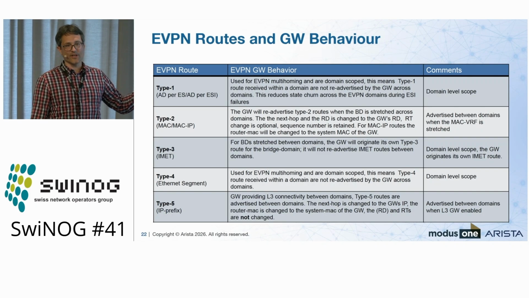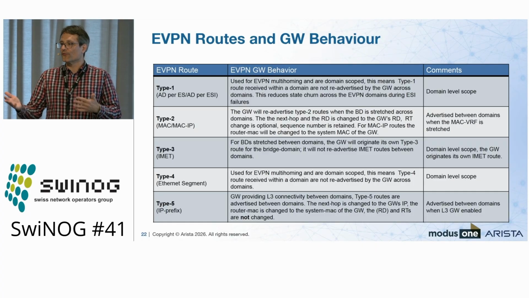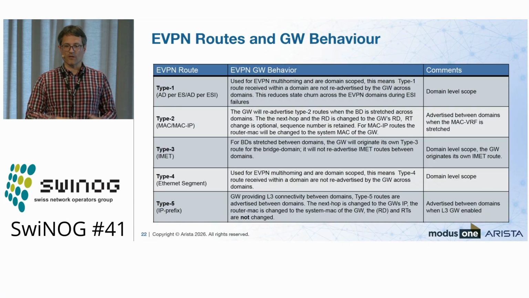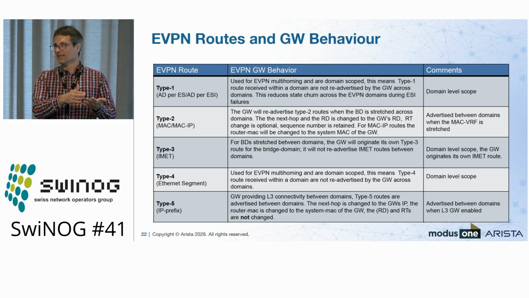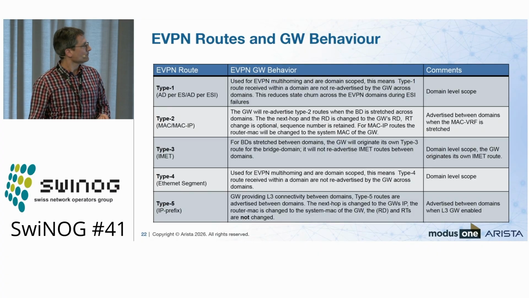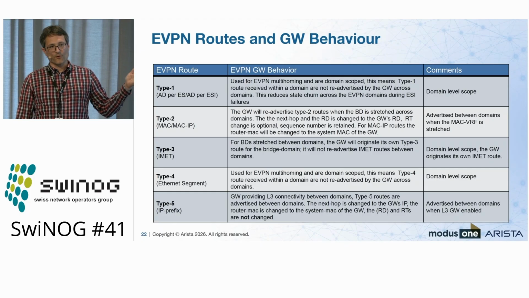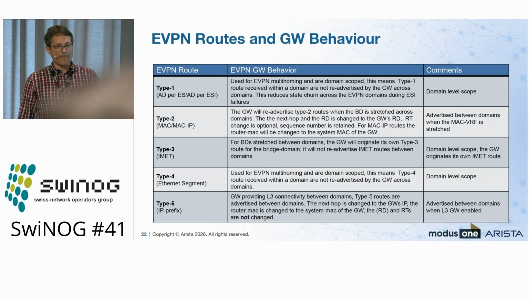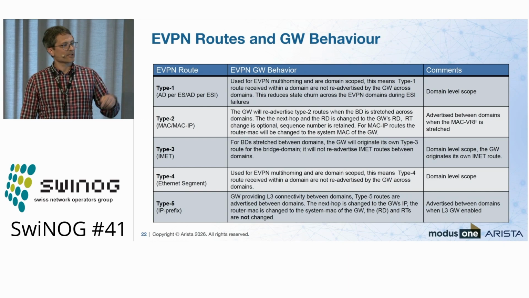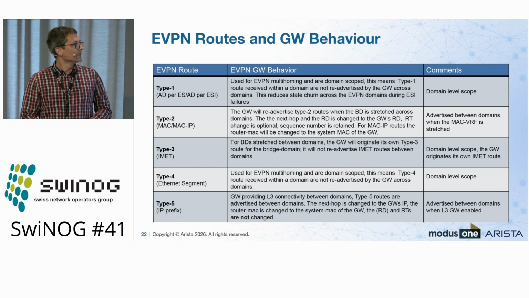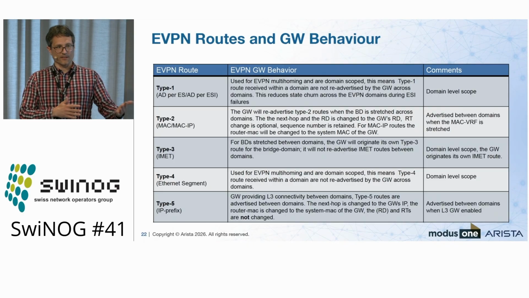With type 1 and 4, which are used for EVPN multi-homing, it's not forwarding them to the other side, because the idea is you have, in the local data center, servers connected redundantly with a port channel, and you don't need to signal this to the other end. We have type 2 routes for MAC addresses or ARP entries, and the gateway re-advertises them with its own MAC and IP address.